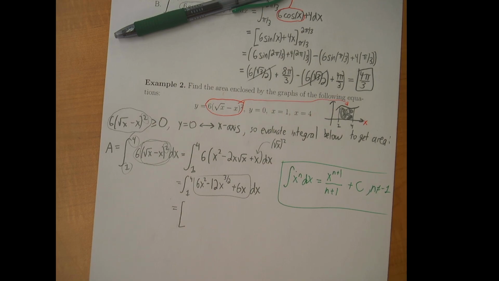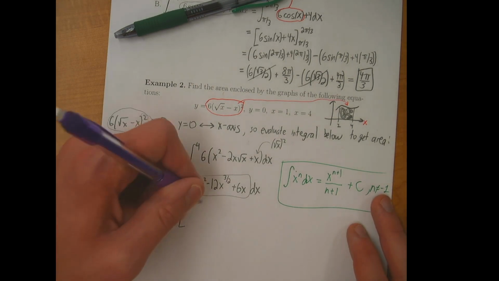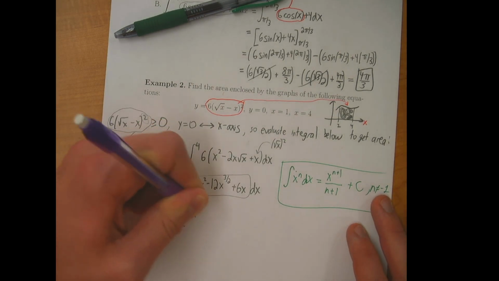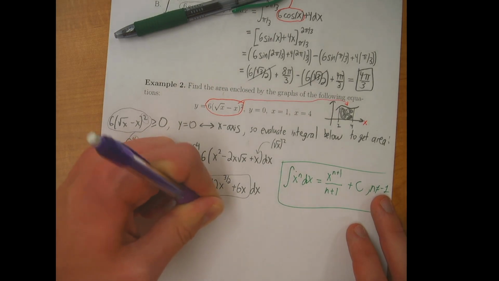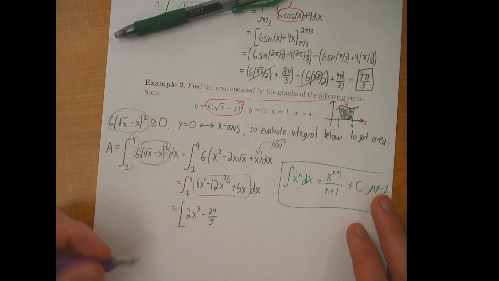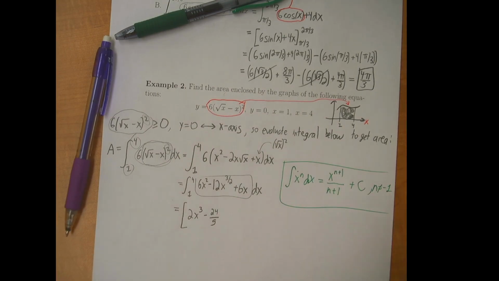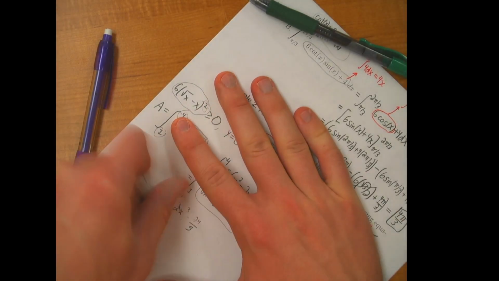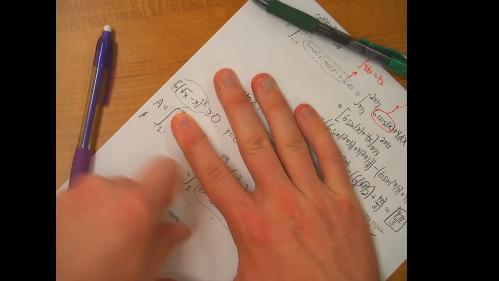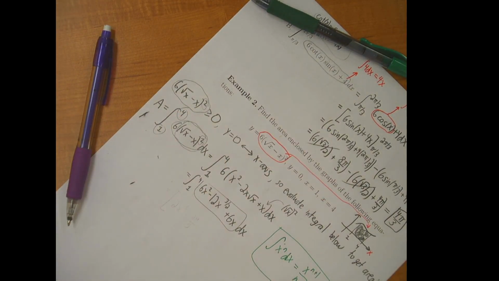Go ahead. Is it 2x cubed minus 24 over 5 x to the 5 halves plus 3x squared? Yep. Your antiderivative is correct, but I want to make sure that we're all on the same page, so let me do an extra step.